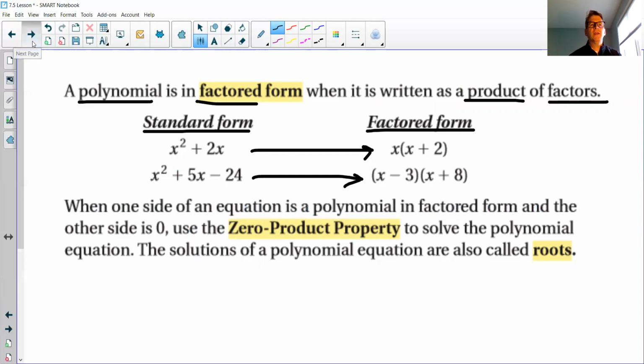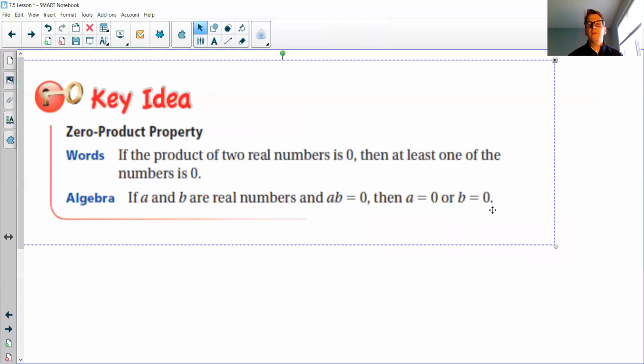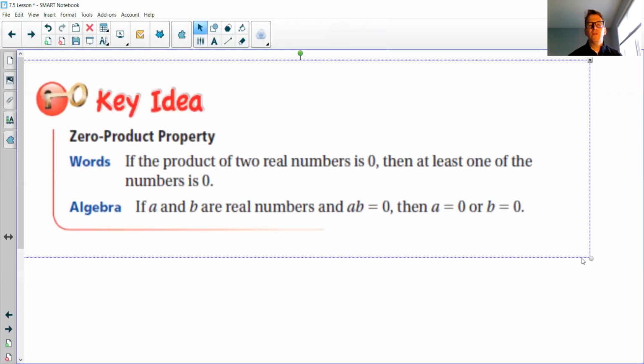Let's go through that again. The zero product property states that if the product of two real numbers is 0, then at least one of the numbers is 0. So if you have real numbers A and B multiplied together, A times B equals 0, that tells you that either A is 0 or B is 0.